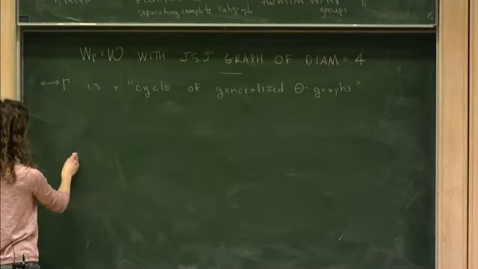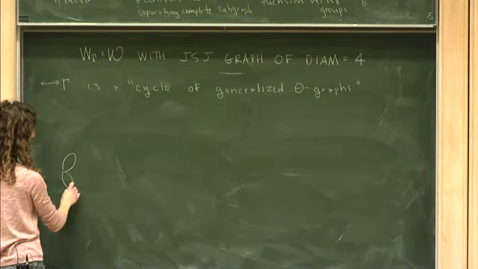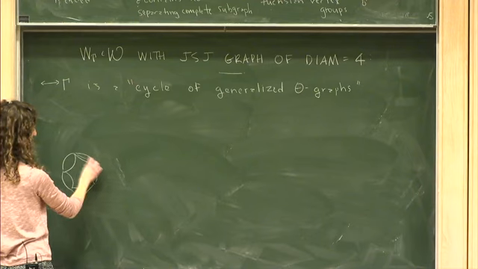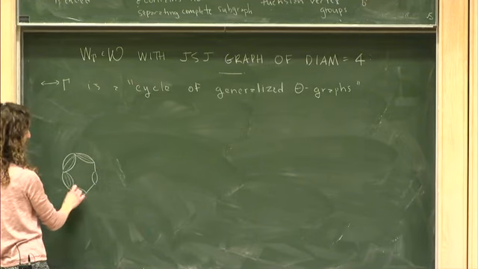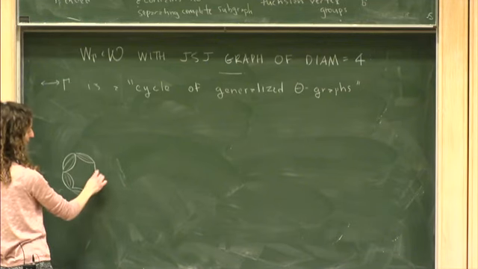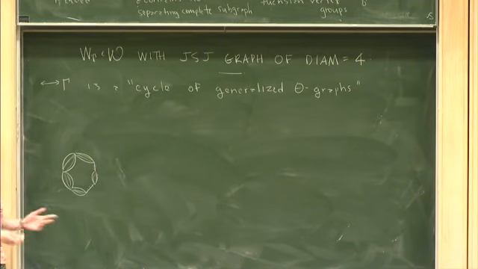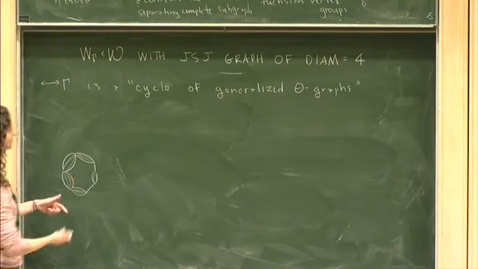In other words, gamma is the union of some number of theta graphs with one or more edges along their distinguished vertices, so that each of the paths you take are subdivided into at least 3 edges, paths of length at least 3.